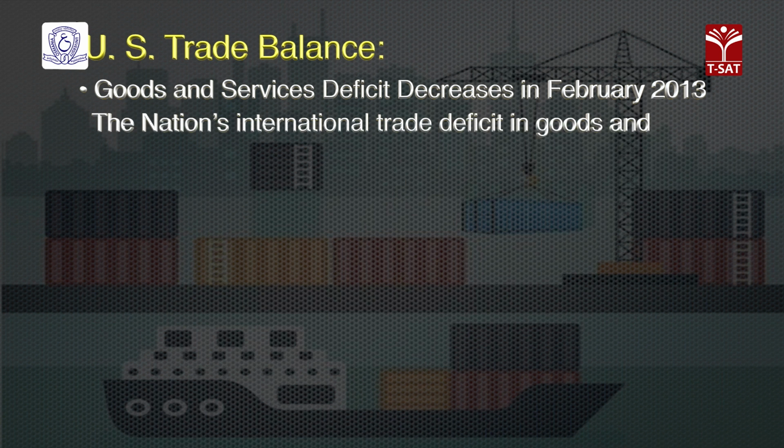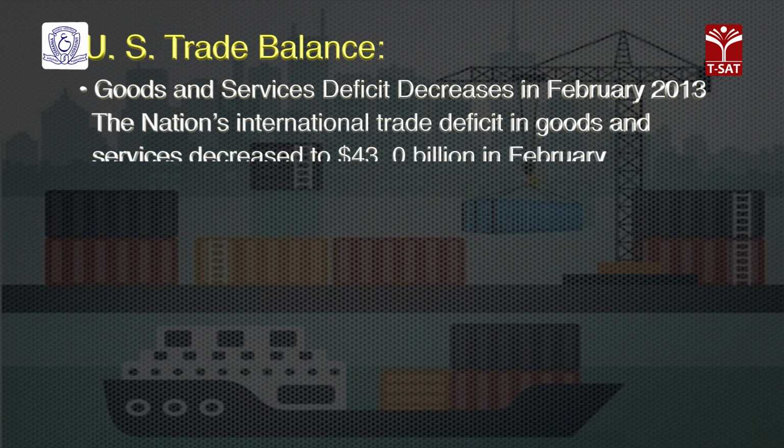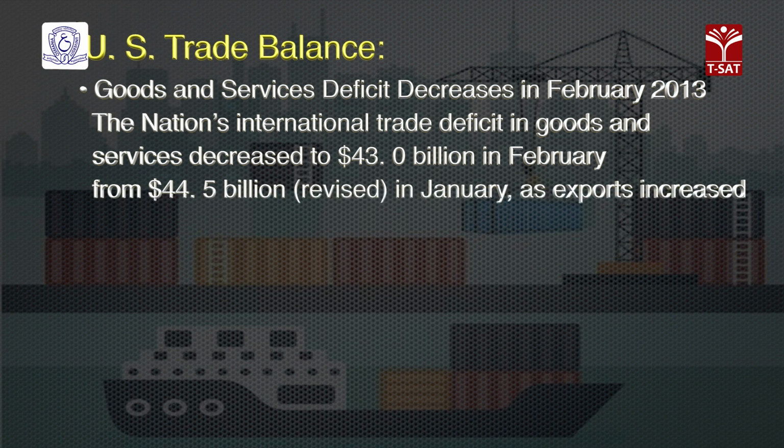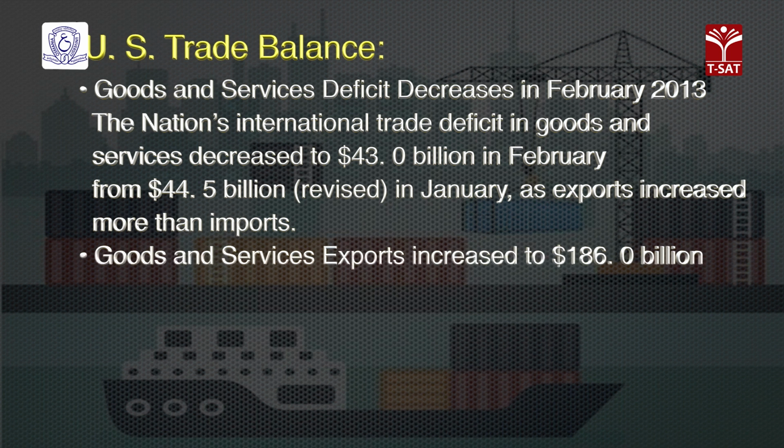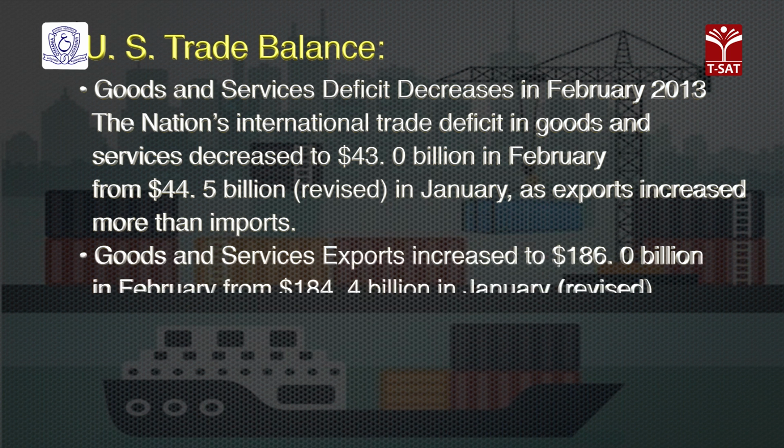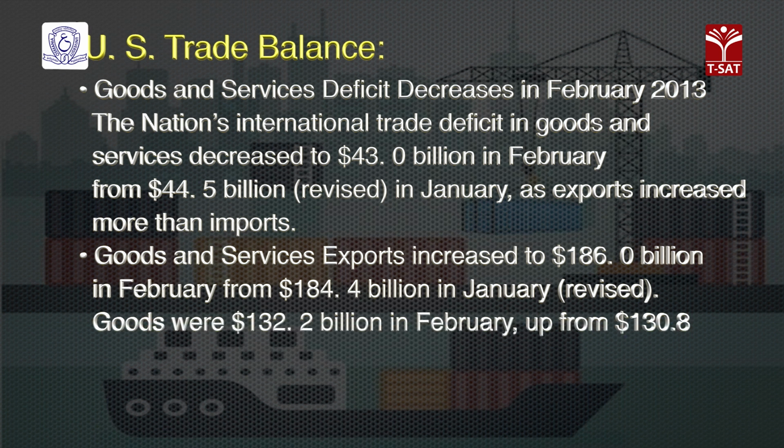The nation's international trade deficit in goods and services decreased to $43.0 billion in February from $44.5 billion. This is a revised figure for January, as exports increased more than imports. Goods and services exports increased to $186.0 billion in February from $184.4 billion in January.